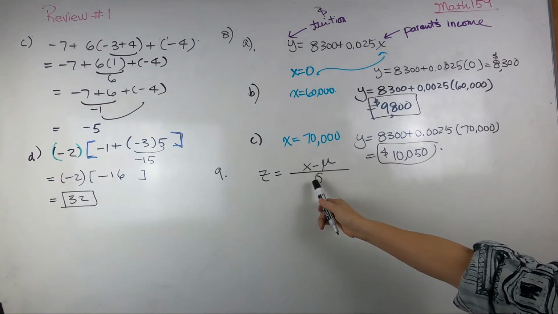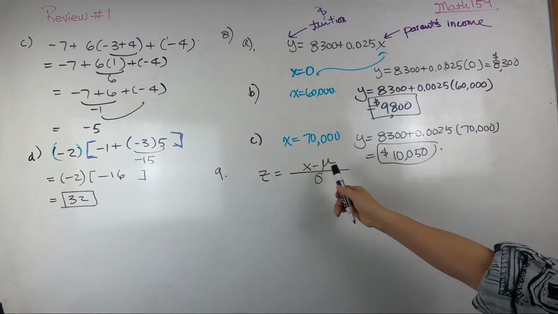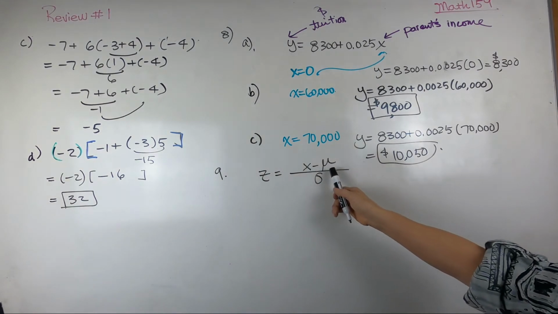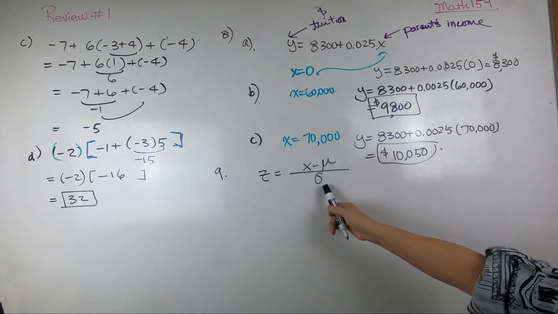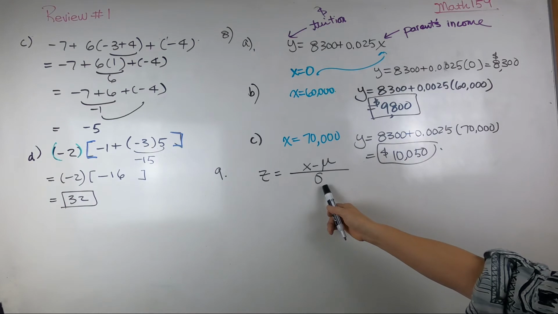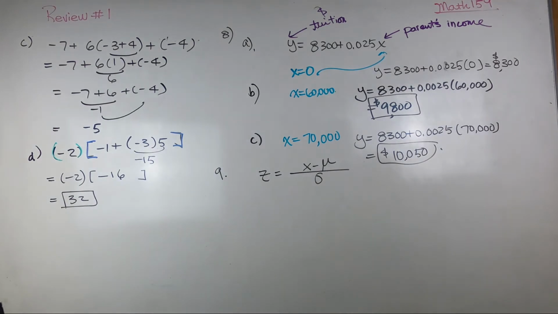Mu, it's always the population average, population mean. Then sigma is the population standard deviation. Okay? Just know the terms. The meaning you don't really need to understand for this class, because we need to talk about more things before we can explain the true meaning to you.